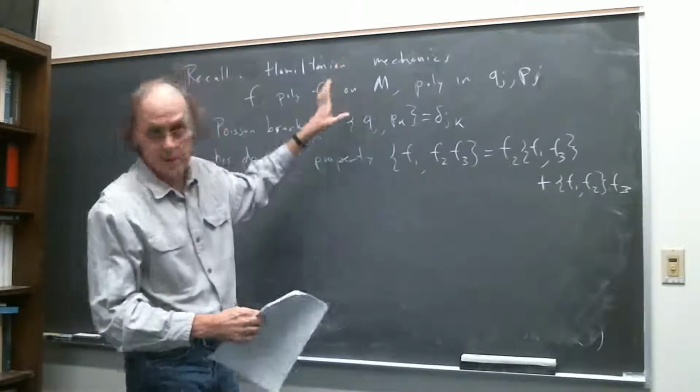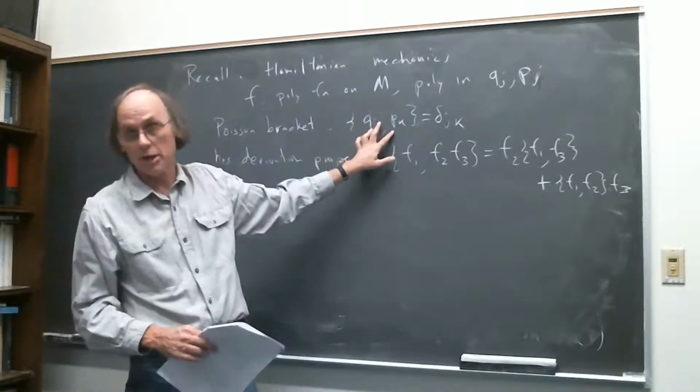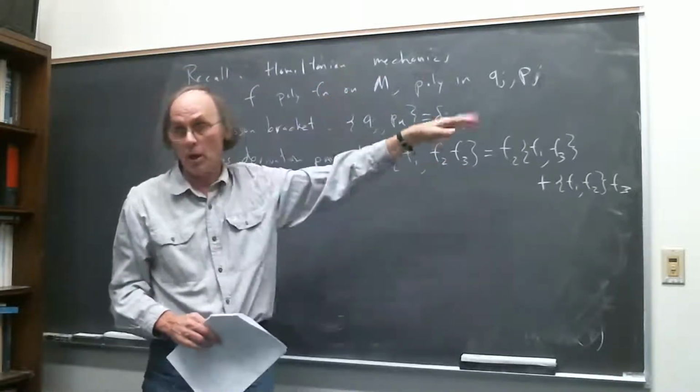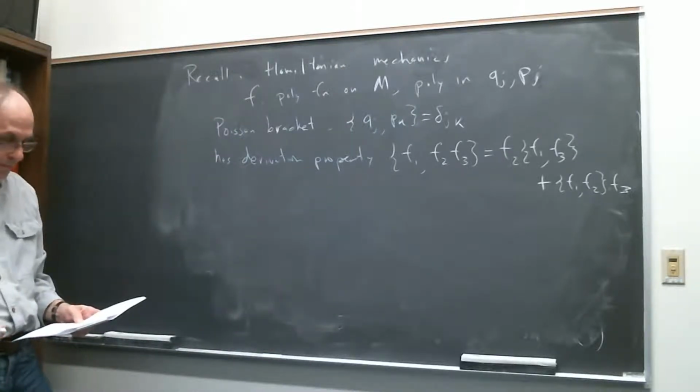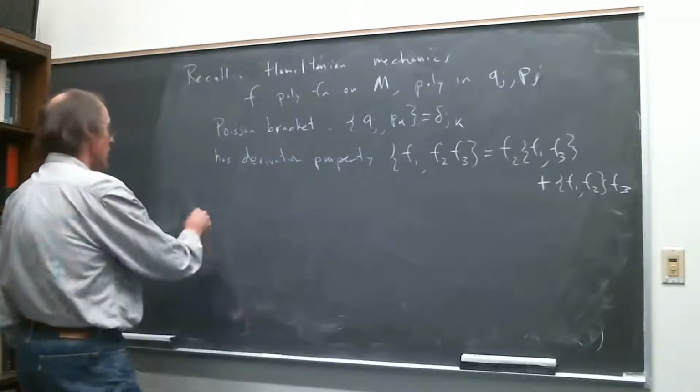Using this, you can extend from knowing what it does on generators to what it does on any polynomial. And then you have a Hamiltonian.